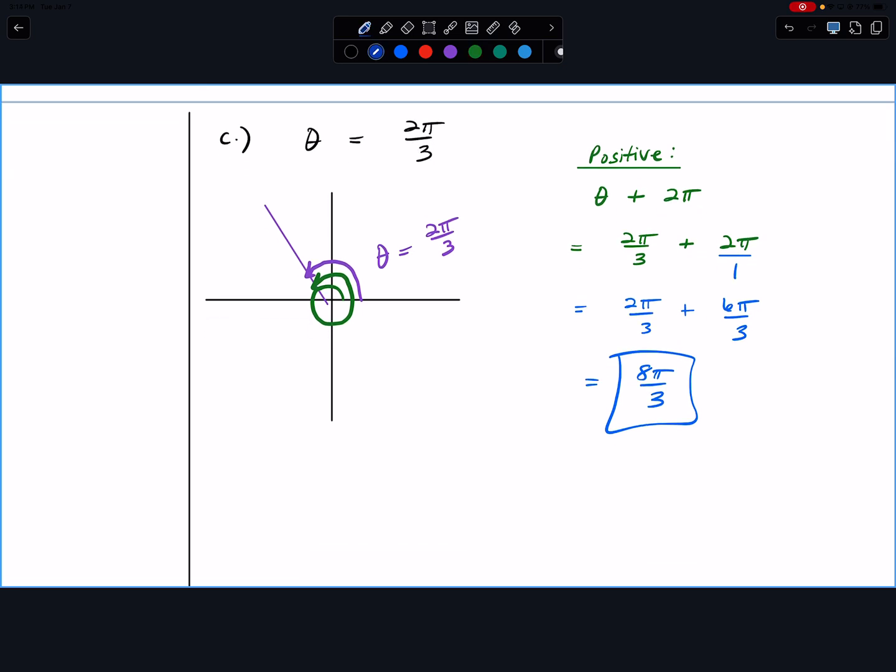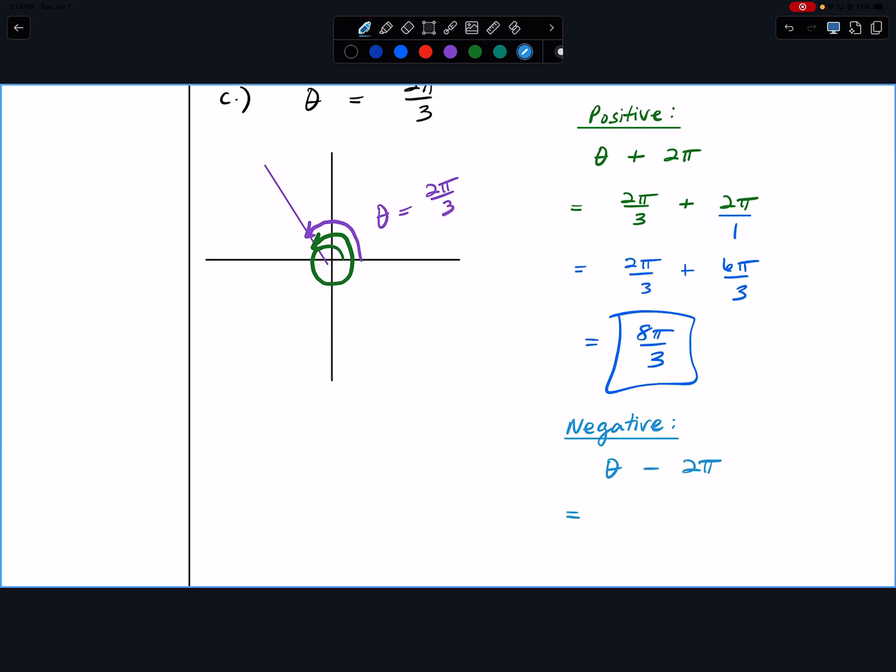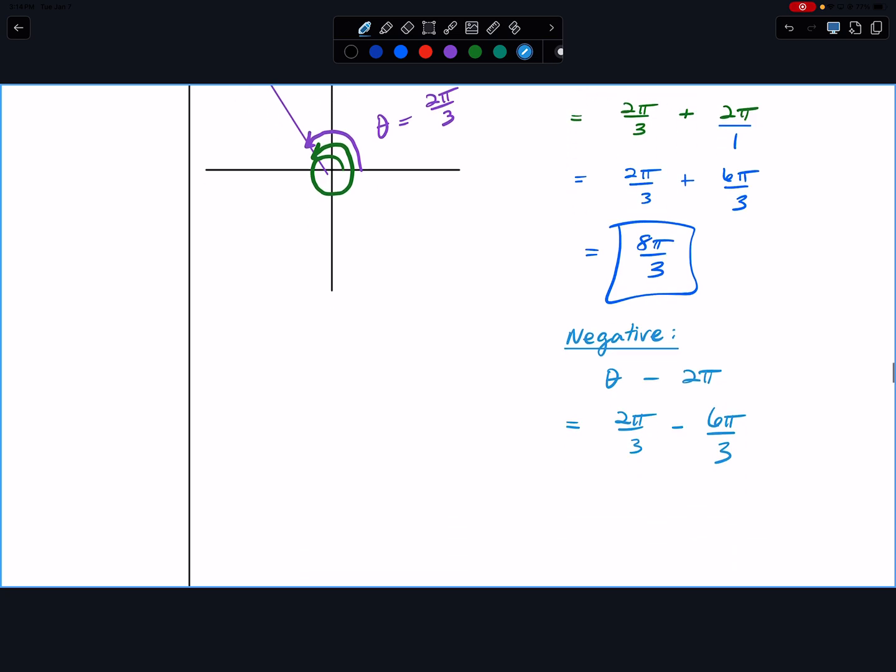Okay, negative. So theta minus 2 pi is going to equal 2 pi over 3 minus, don't we know that 2 pi is the same thing as 6 pi over 3, guys? So minus 6 pi over 3. What's 2 minus 6?